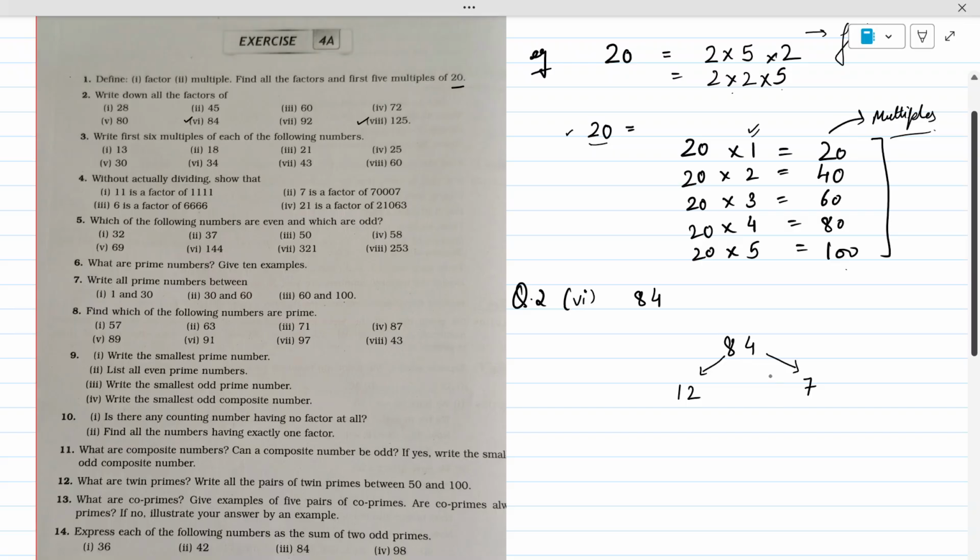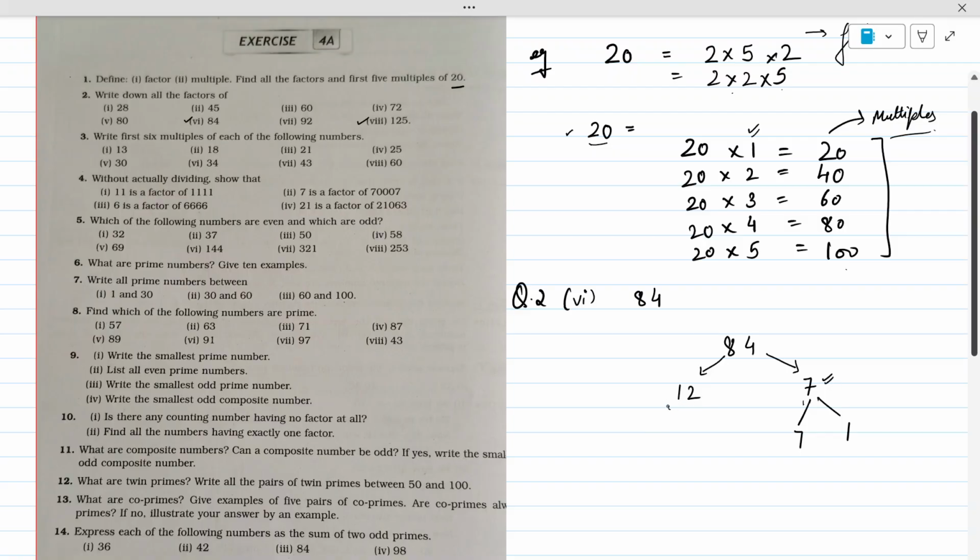Now what will we do further? Again, we will find the factors of these two numbers till we are left with only prime numbers, till we reach the point where we cannot break them down further. The factors of 7 are only 1 and the number itself, so I am writing 7 and 1, because it's a prime number.